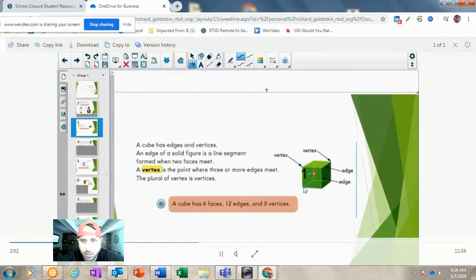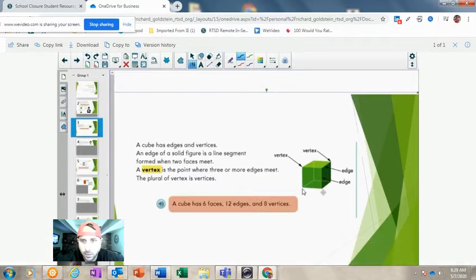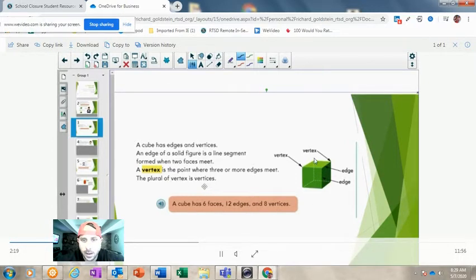Again, you can see right here, this is an edge. You've got a vertex here, vertex here, vertex here, vertex here, vertex here, vertex here. A cube has 6 faces and 12 edges with 8 vertices.